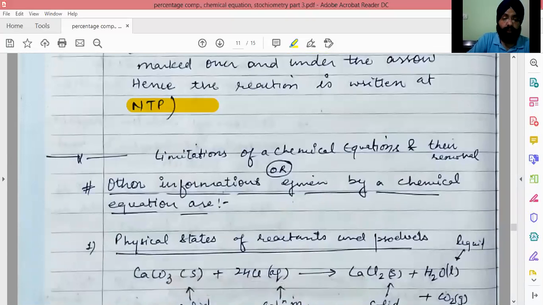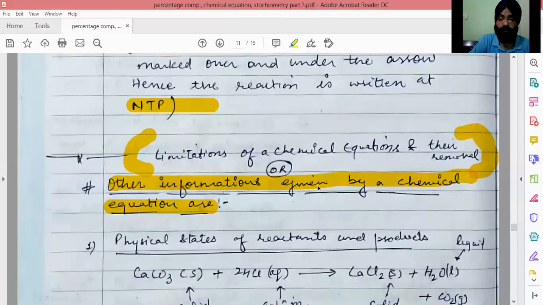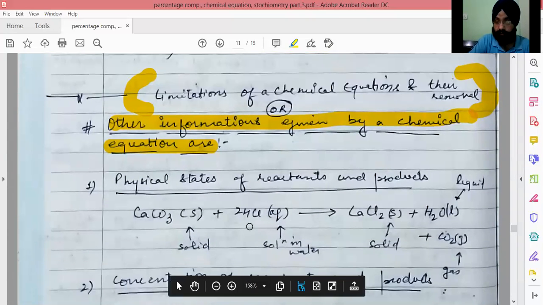Now, the other informations we receive from a chemical reaction, or you can say these are the earlier limitations which are removed now by giving some additional inputs in the chemical equation. So physical states we get.